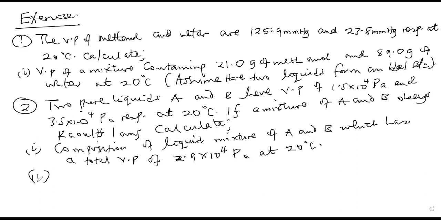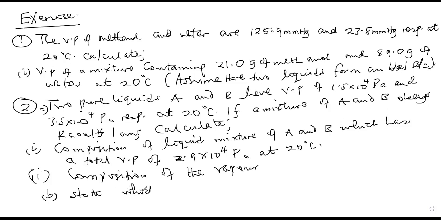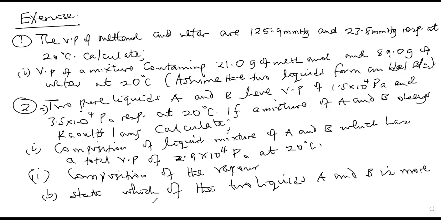Roman 2, calculate also the composition of the vapor. That is part A. Part B of that question, state which of the two liquids, A and B, is more volatile.